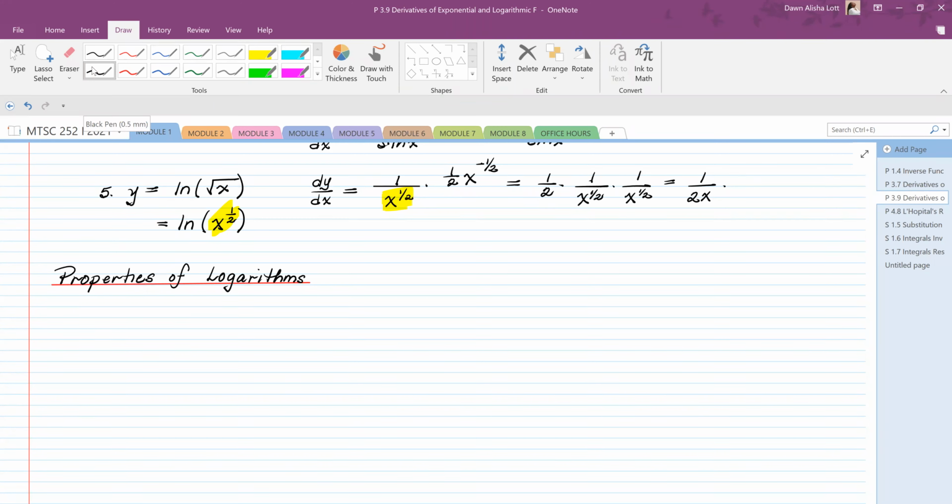So we have a product rule. So the product rule says if I take the log of two things, A times B, that's the same as the log of A plus the log of B.